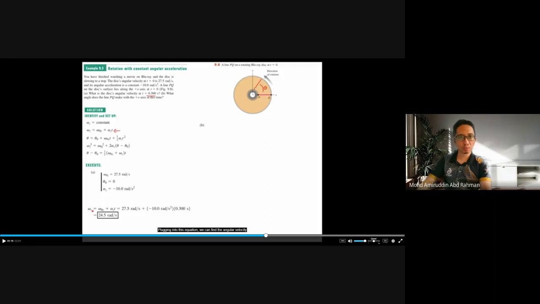It doesn't matter which equation you use, because now you have all of the information. So if you use the second equation, you just need to replace the values. Finally, what you obtain is theta equals 7.8 radians. Or if you convert that to revolutions, it is 1.24. To convert to revolutions, you just divide by 2 pi.